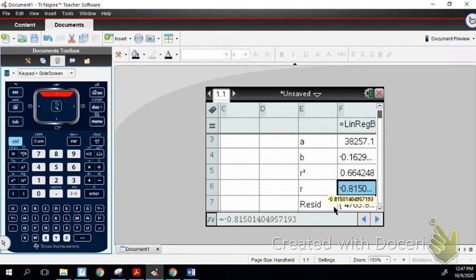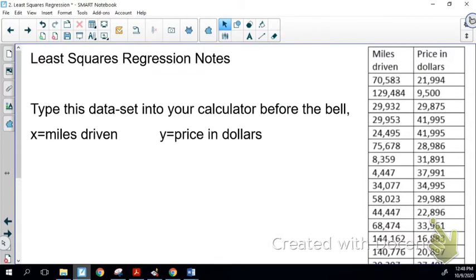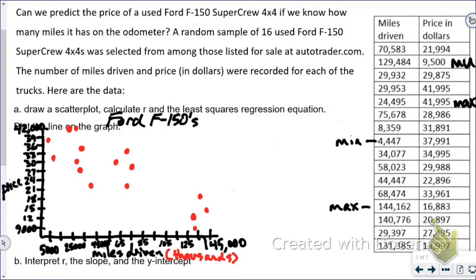So let's write all that down on our problem. I'm going to go back, and we had R as negative 0.8150, A is 38,257.